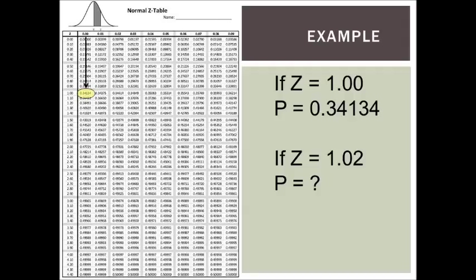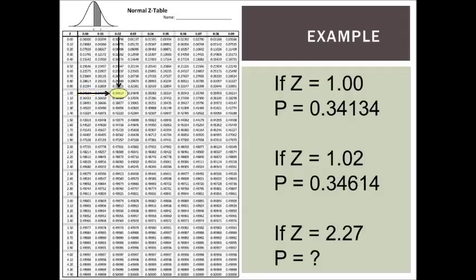So if we need to find a z of 1.02, we go down the left-hand side and look up 1.00, and then jump to the right to the column labeled 0.02, and that will be the probability associated with a z of 1.02. And here's where it is.